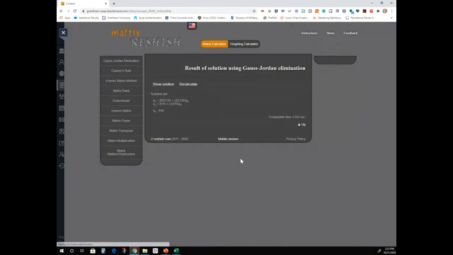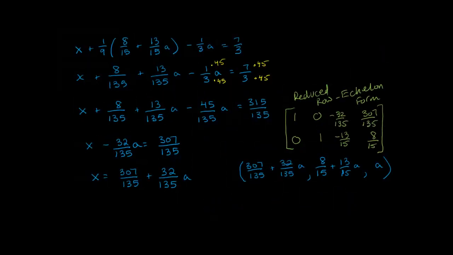Then you hit solve. And so, yes, those are the same numbers. It's indicating slightly differently that x3 is a free variable, or z. That's why we set it as a, and then you're getting the same thing. So this confirms the math that we did was correct, which is always important.